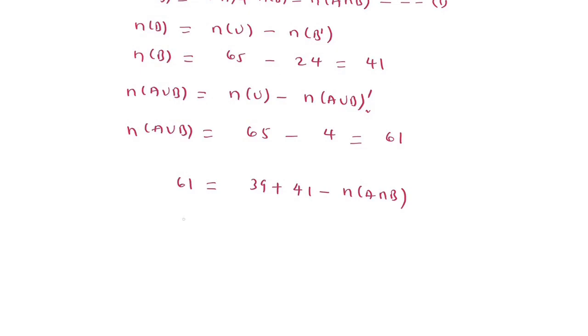Our equation is the number of A intersection B equals 80 minus 61, which, solving this, gives 19, and this is the value of the number of A intersection B.